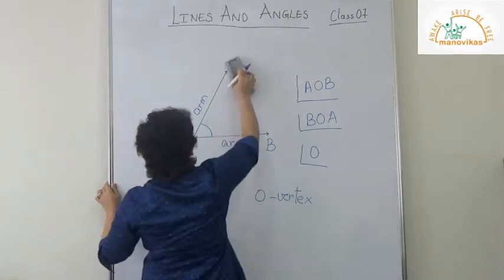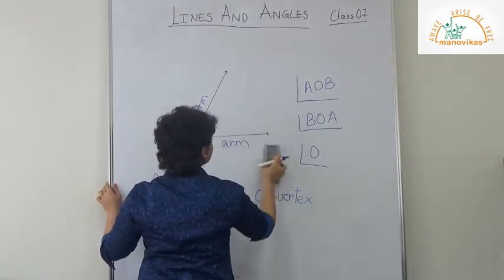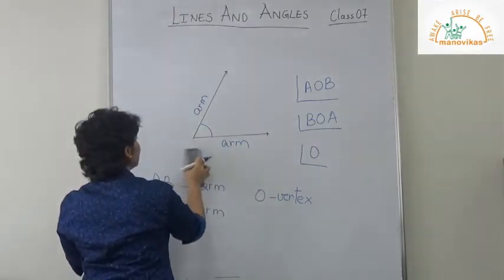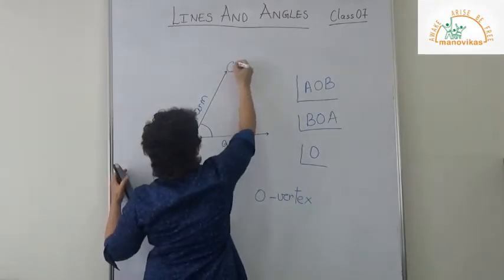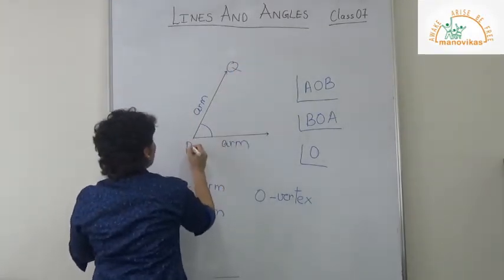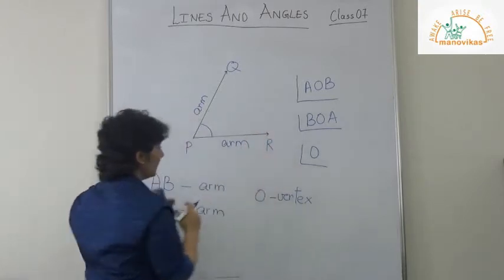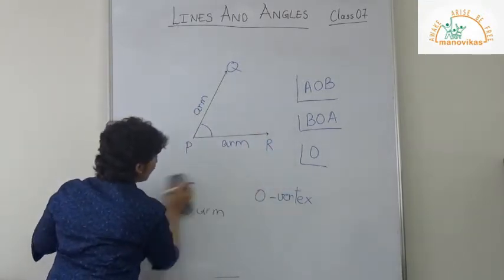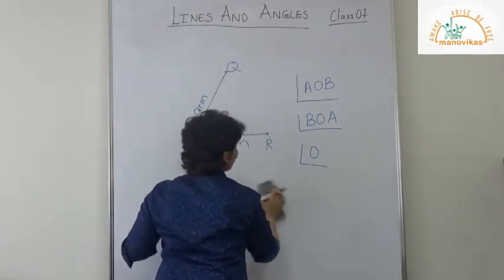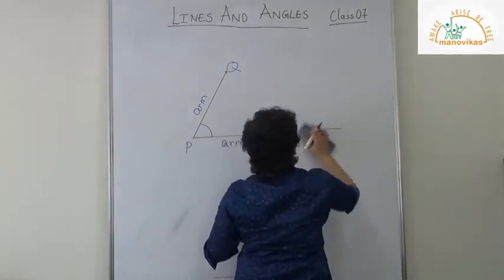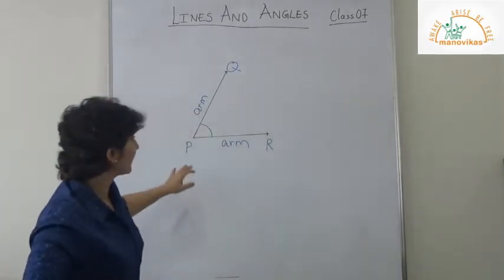Suppose I change this. Now let me just say it as Q, P and R. Then children, how do I name this angle? Can you try it for me? Alright, let's say it together.